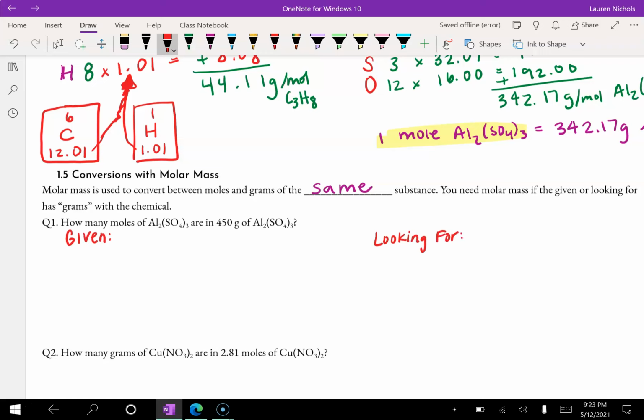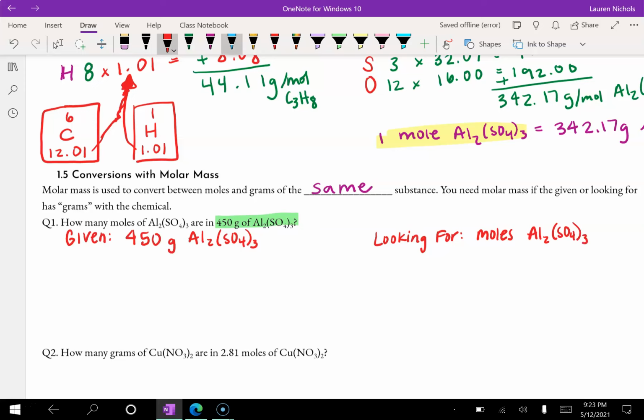So what we're given in this problem is 450 grams of aluminum sulfate. That's our number, and you can leave out the word of when you're writing down your given. And we know we're looking for, it says how many moles of aluminum sulfate.